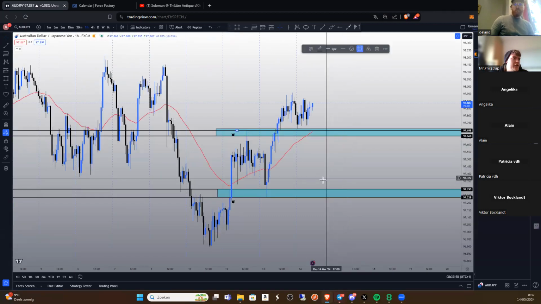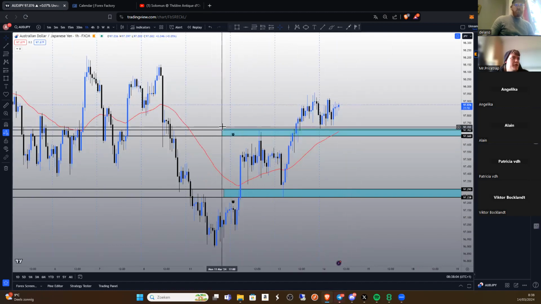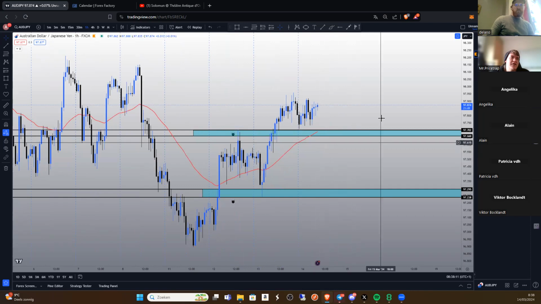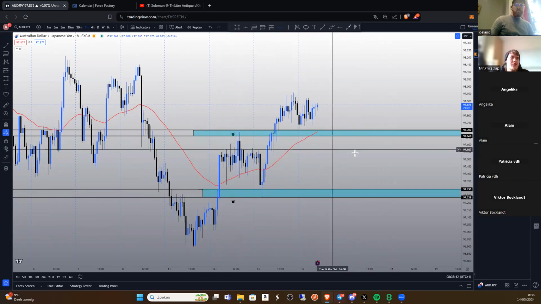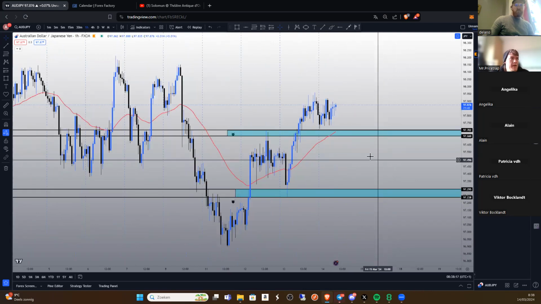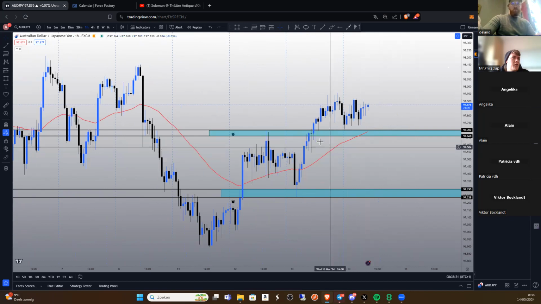Then we have AUD/JPY. AUD/JPY was waiting for that retest. We didn't have a retest yet, so I'm still waiting for that retest. I want to see the market getting down a little bit more to maybe get some good price action and then follow up this small uptrending movement we have seen for the last few days, all right? So that's what I'm looking for AUD/JPY. You could say, yeah, there was already a retest.